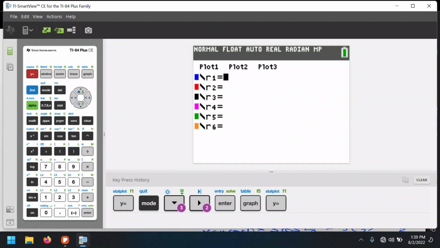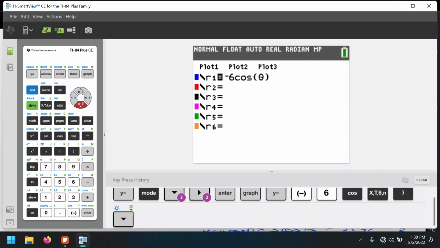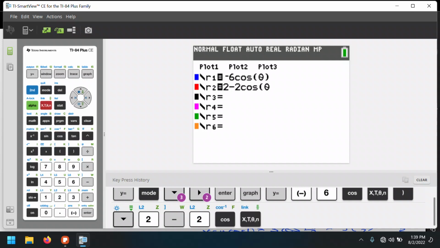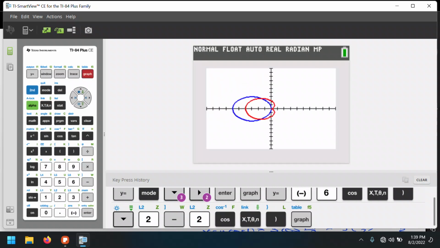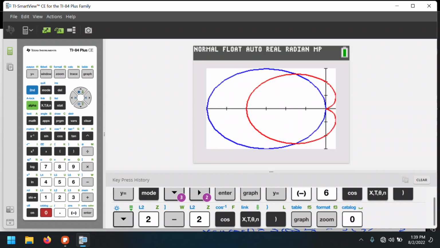Okay, so let's type the equations. r equals -6 cosine theta, close parentheses, and 2 minus 2 cosine theta. All right, and graph. Let me zoom fit. Okay, how many intersection points did you see?